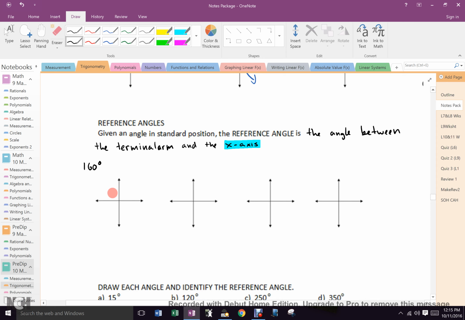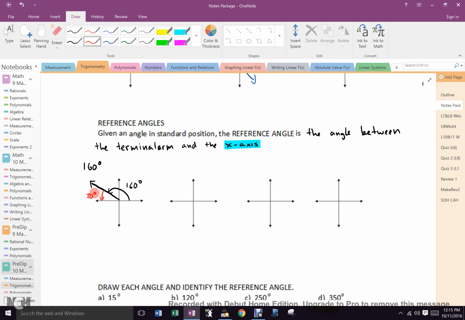So, where is 160 going to be? Second quadrant out here. There's the 160. Where's the reference angle? To the x-axis. Right here. And how big is that? 20. Nice job, Bronwyn. Way to recover. Everybody good? Easy peasy lemon squeezy, right?